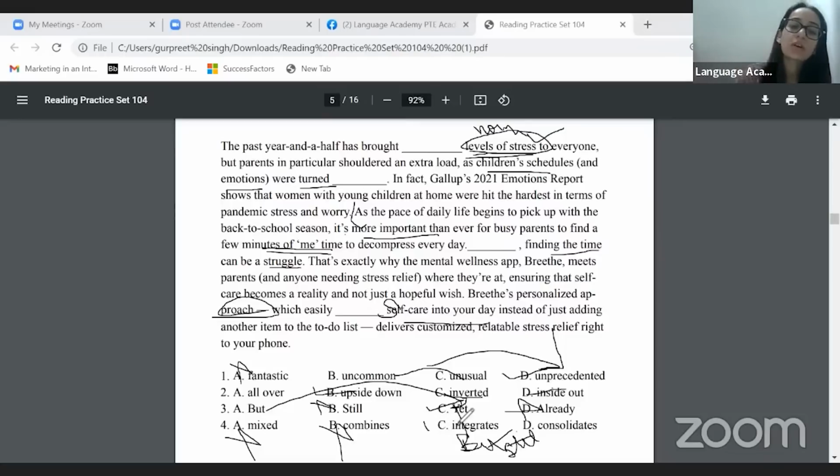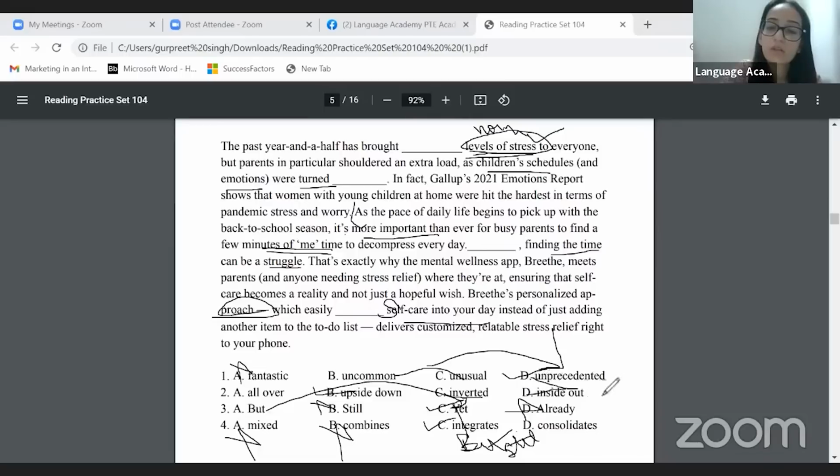Here we are just talking about involving something in our life, in our daily routine. So that is integrate or incorporate. So this approach easily incorporates self-care, easily involves self-care, easily integrates, means puts self-care into our day. And consolidates cannot be a word to be used in place of puts something into. So these are the answers.